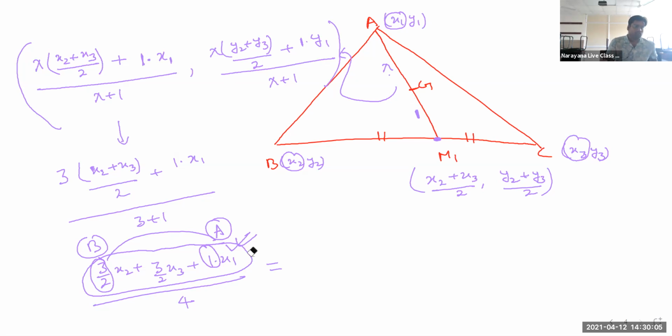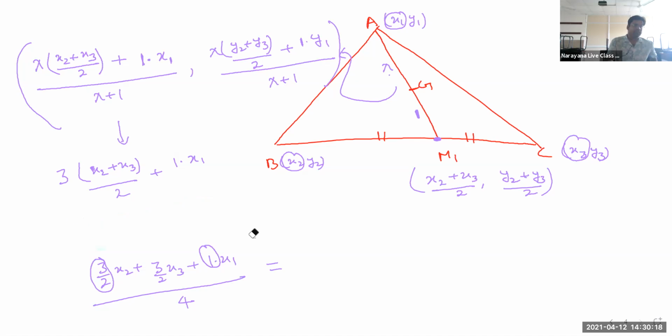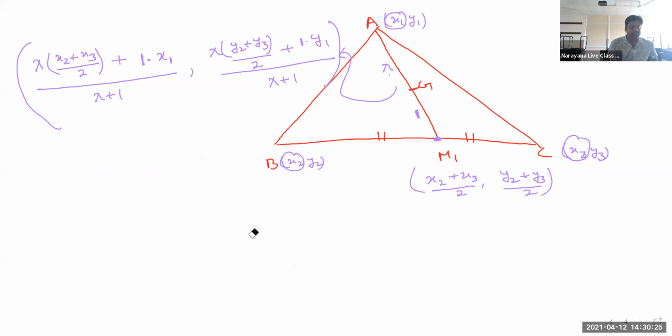Okay. So what should be the value of lambda such that we will get a symmetric expression in x1, x2, x3? 3 will not be the value of lambda, because if we put lambda equals to 3, then we will not get a symmetric expression in x1, x2, and x3.